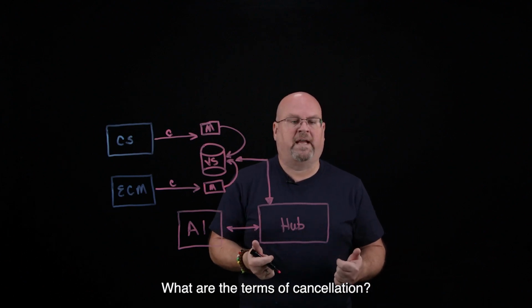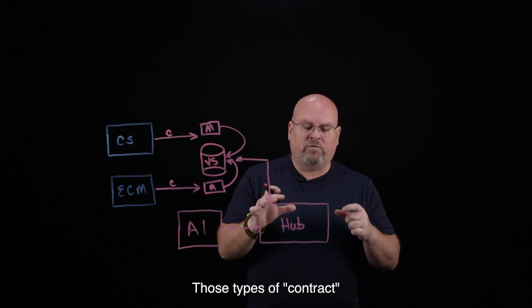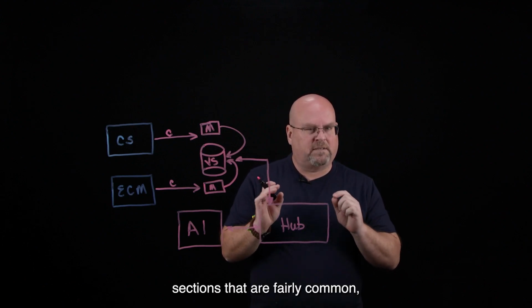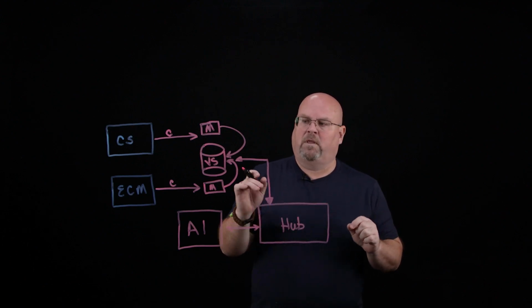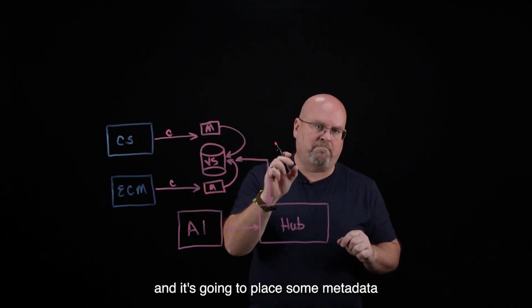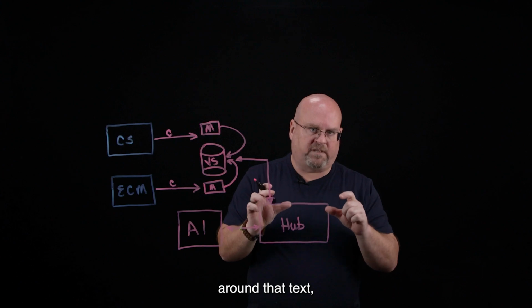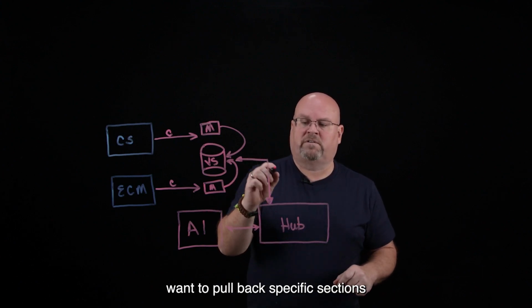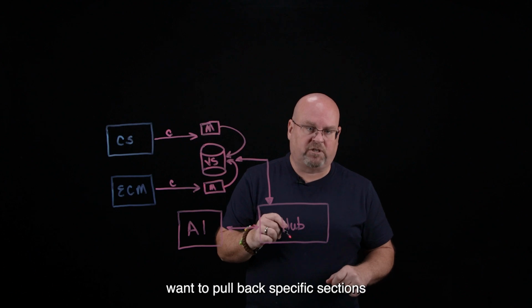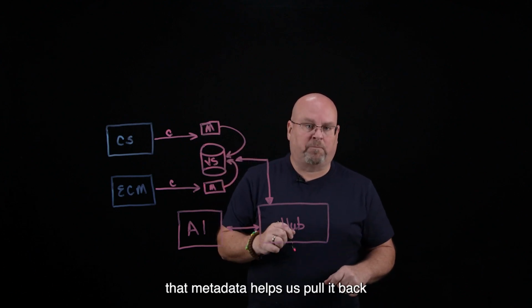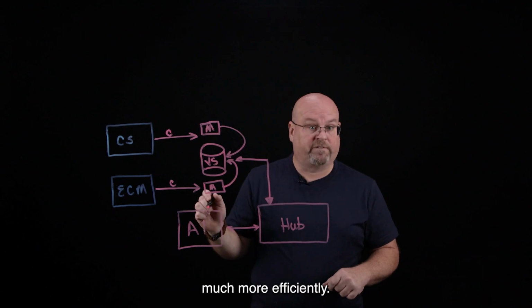What are the terms of cancellation? Those types of contract sections that are fairly common, the model's going to identify that, and it's going to place some metadata around that text so that when we, from our hub, want to pull back specific sections of that contract, that metadata helps us pull it back much more efficiently.